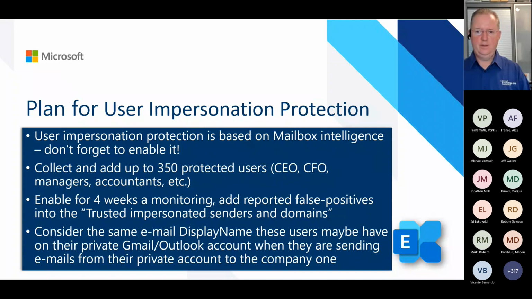Okay, next one: the plan for user impersonation protection. First of all, user impersonation protection is based on mailbox intelligence. So if you don't enable mailbox intelligence, it's not that useful to enable user impersonation protection.